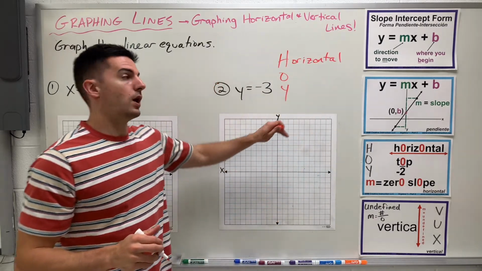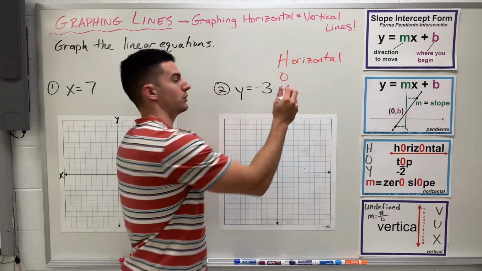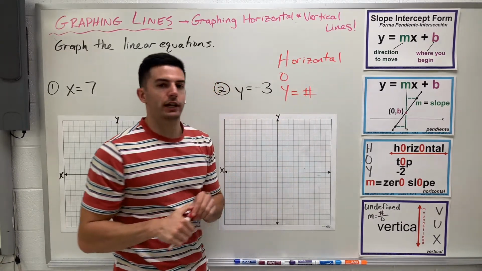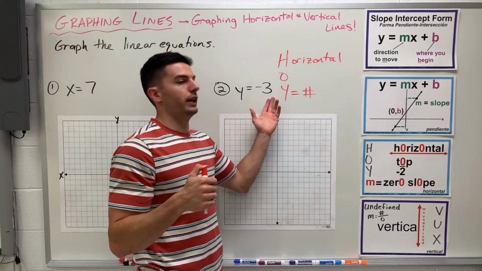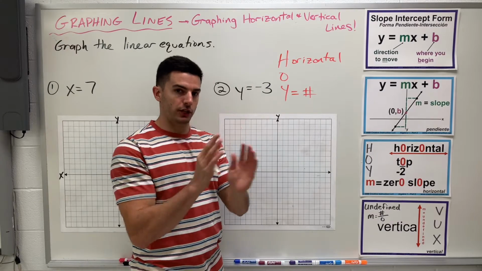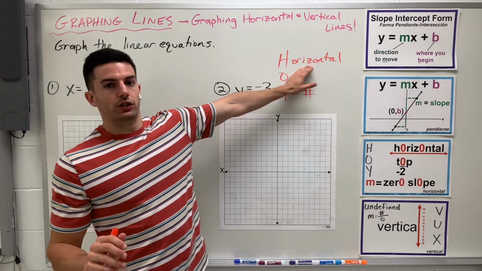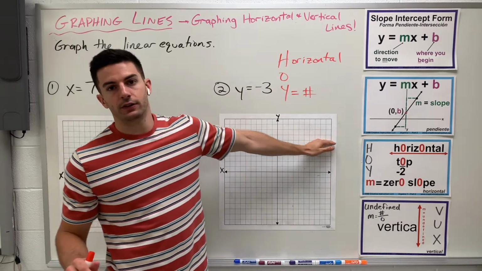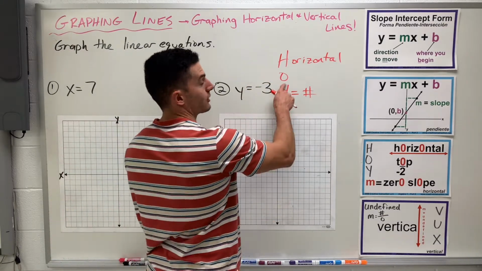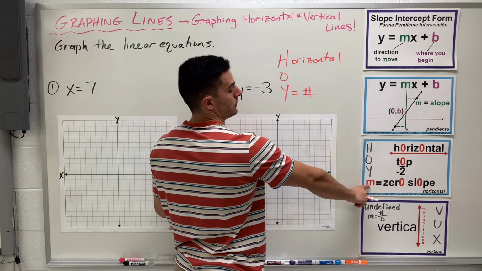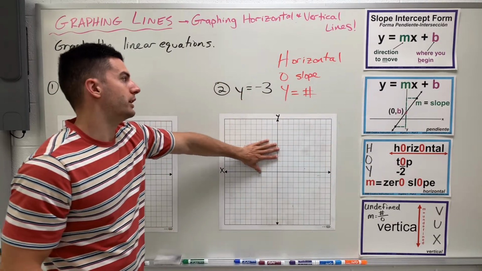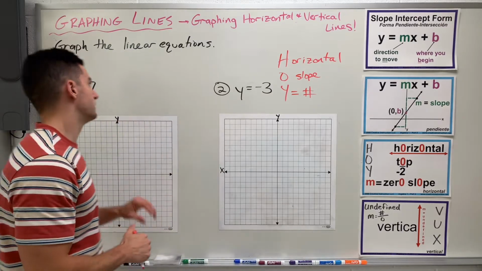When it's a y equals equation, and that's what the y in HOY stands for, y equals a number, like y equals -3, y equals 0, y equals 8, just a single number, it's going to be a straight horizontal line, side to side. But the O in HOY is actually a 0, because the M says 0 slope, and I'll talk a little bit more about that when we graph number 2 here.